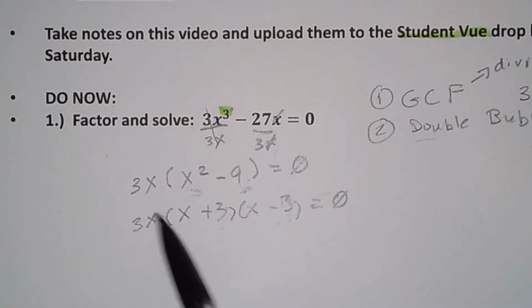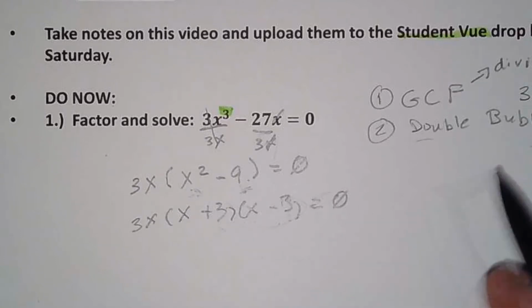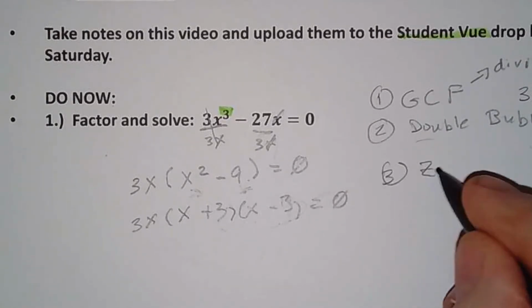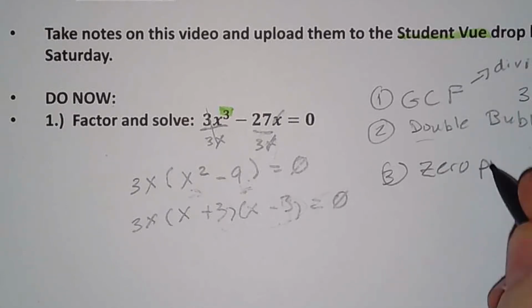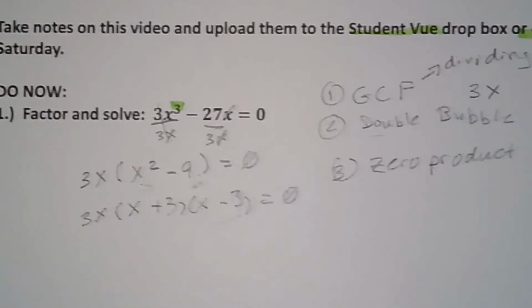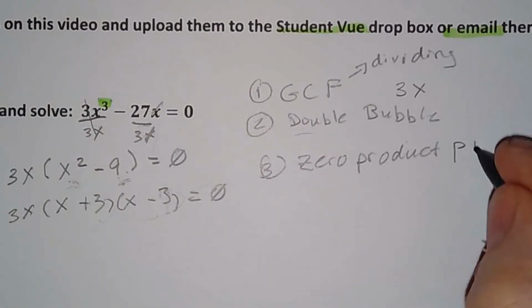We have this term here, this term in this bubble, and this term in this bubble. And we want to use the zero product property now. Let me move this over just a bit so that you can see this better. Zero product property.